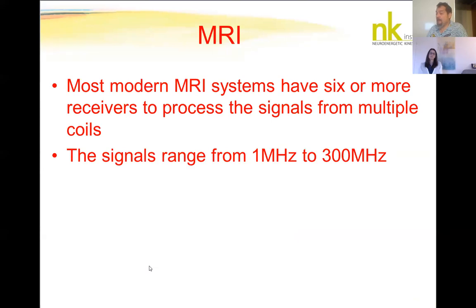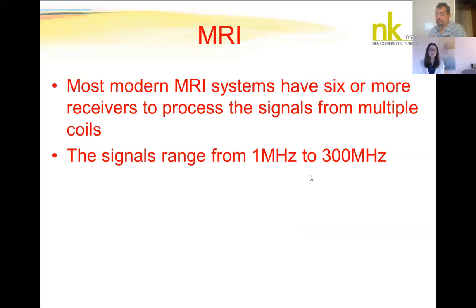The MRI. Oder mit elektromagnetischer Strahlung. Dann hier zum MRI. And so you have 6 or more of these coils and receivers when you scan the brain, and they range from 1 megahertz to 300 megahertz.